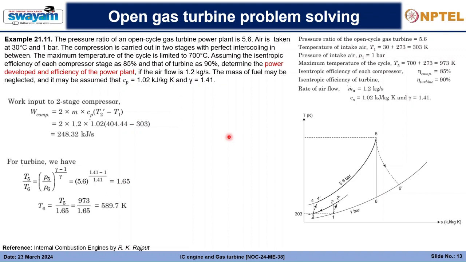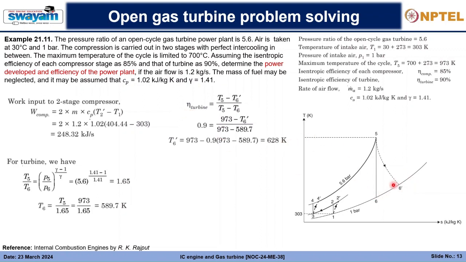That would be T6, 589.7 Kelvin. Then we calculate T6 dash, the actual exhaust temperature, by utilizing the isentropic efficiency of the turbine, and from here we get T6 dash to be 628 Kelvin.